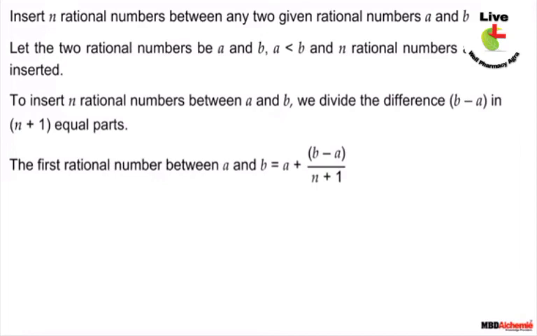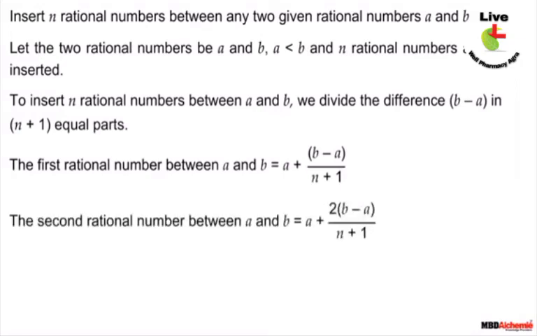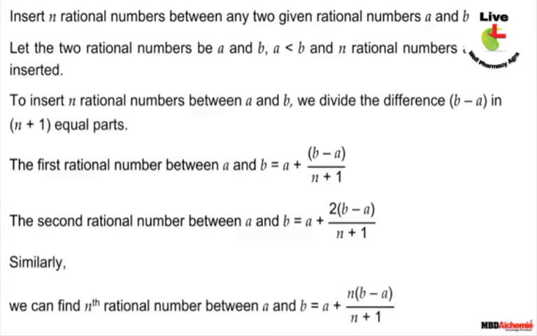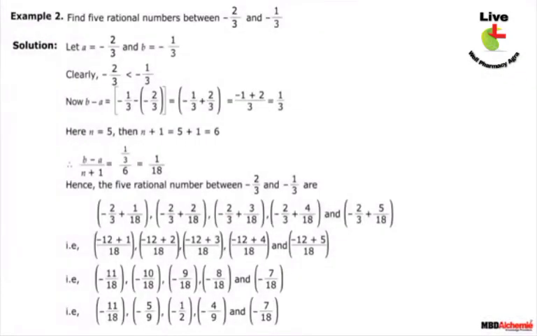The first rational number between a and b is a plus (b minus a) upon n plus 1. The second rational number between a and b is a plus 2 into (b minus a) upon n plus 1. Similarly, the nth rational number between a and b is a plus n into (b minus a) upon n plus 1. Let's take an example.